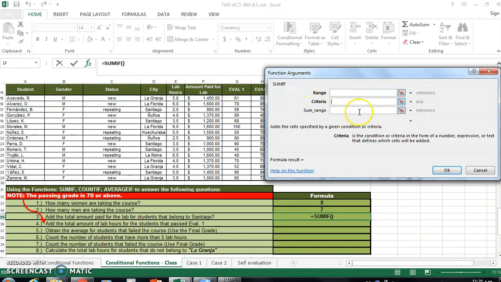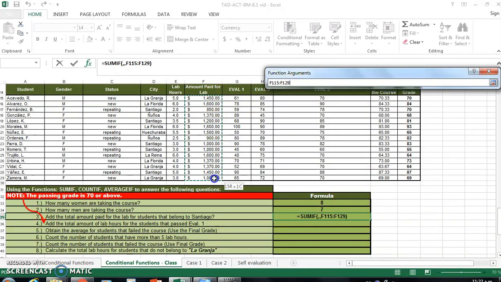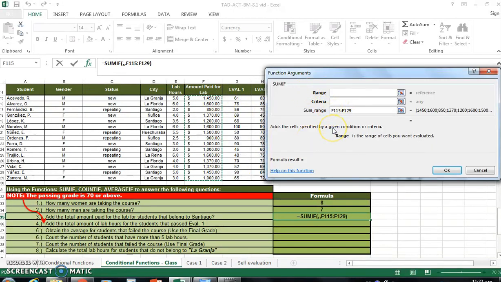And then we set the cells that we want to sum. So according to the question, we need to sum the amount paid for the labs. It doesn't matter the order, as long as you identify the range of cells for the VIPs, the criteria VIP, and the range of cells you need to sum.